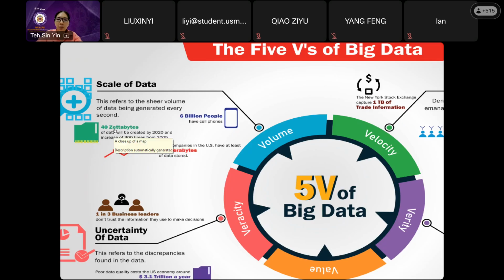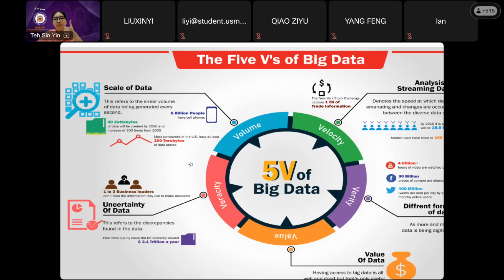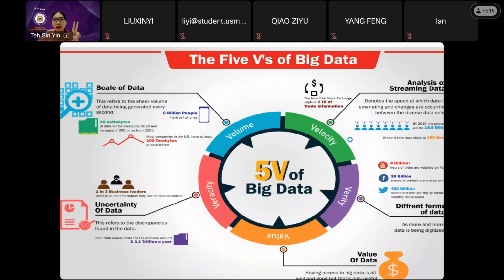So it is no longer how many gigabytes of data, it is how many zettabytes, how many terabytes of data. So the first V is volume, the data must be big enough, the quantity.